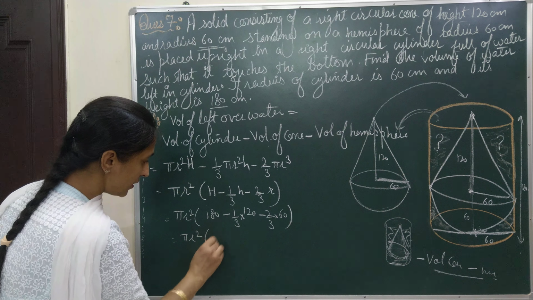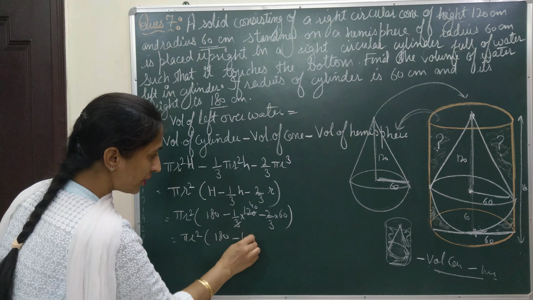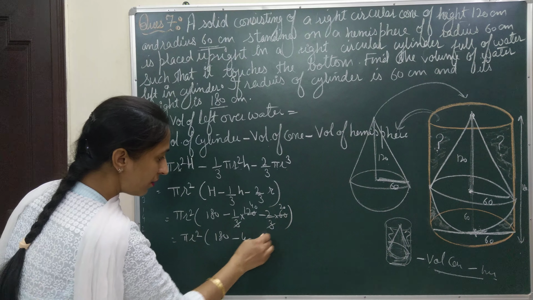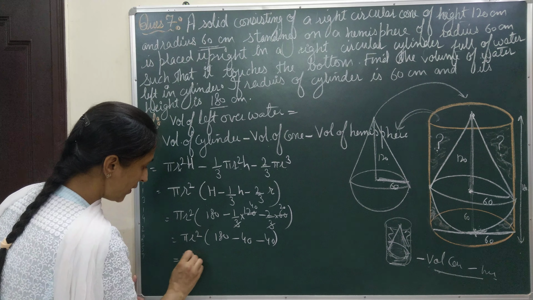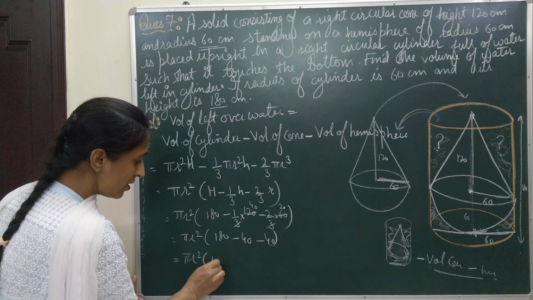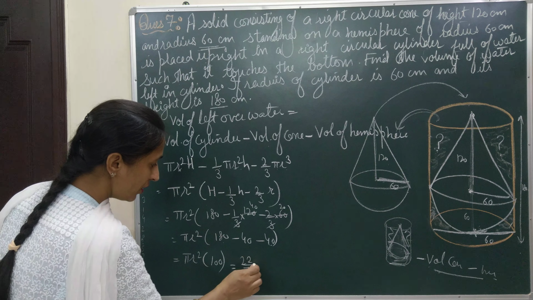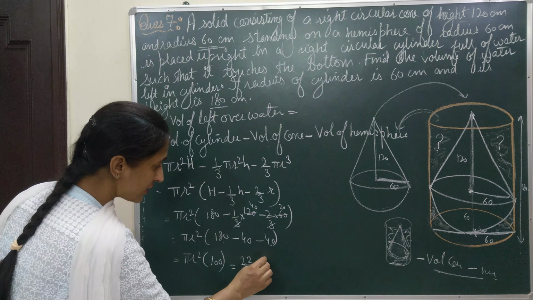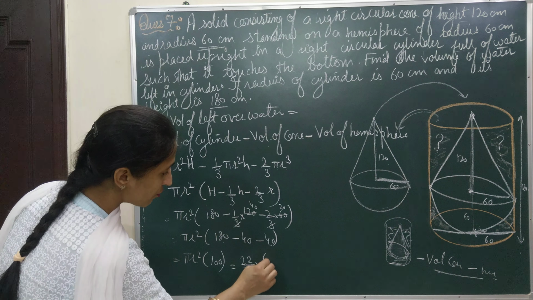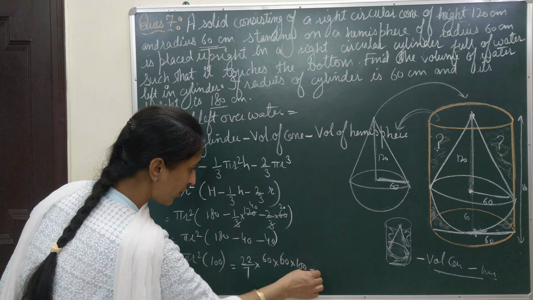Pi r square 180 minus, we can cancel out 40 and 40, which will be pi r square times 180 minus 80, it will be 100. So when I replace the value of pi as 22/7, r is equal to 60, it is 22/7 into 60 into 60 into 100. What will I get?